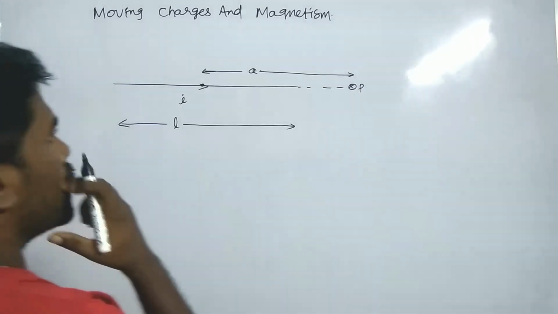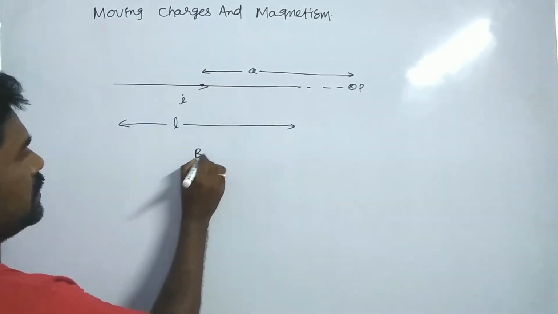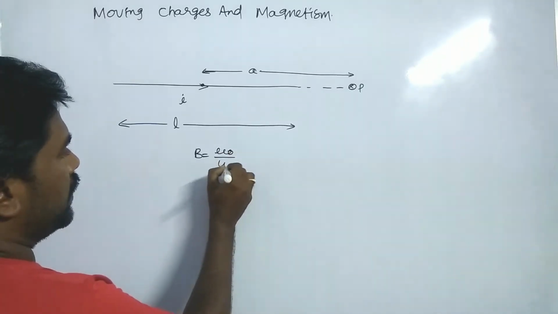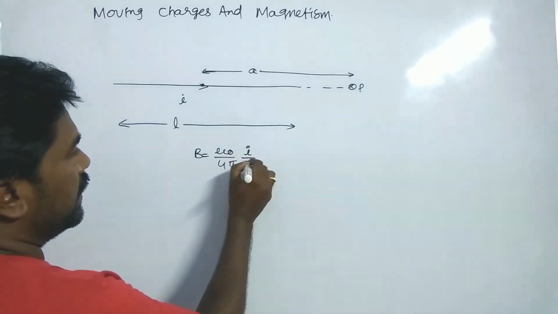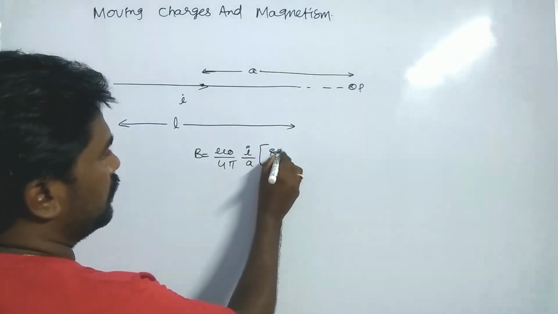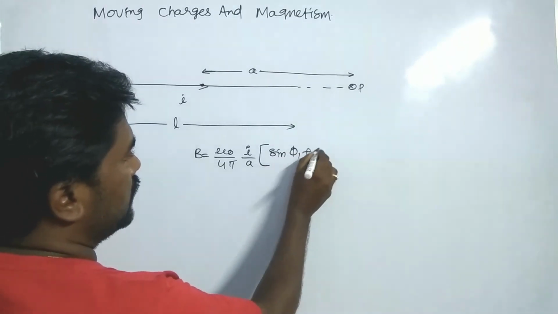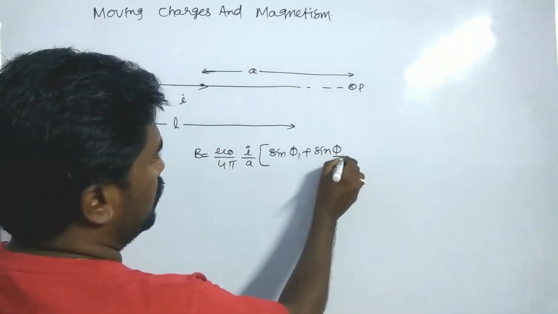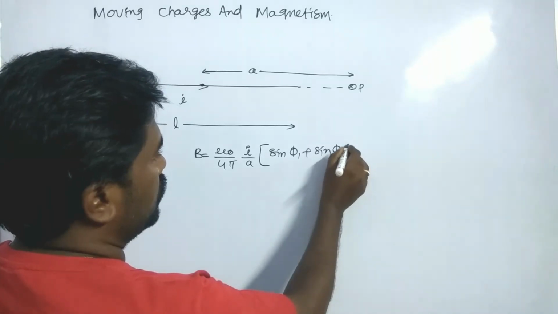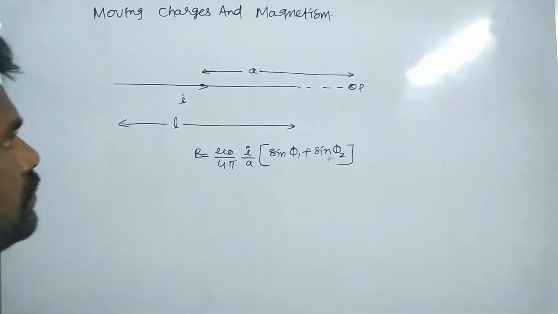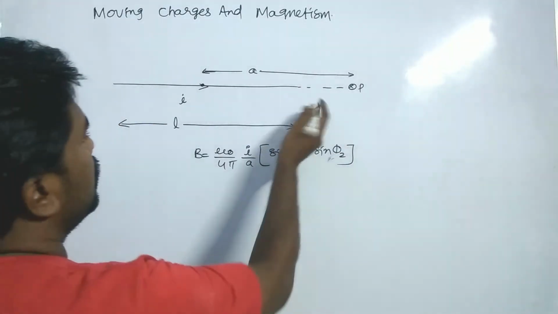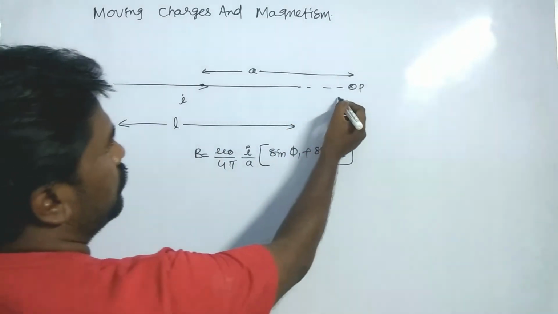So B is equal to mu naught by 4 pi, I by A into sine phi 1 plus sine phi 2. What is the phi 1 value here?